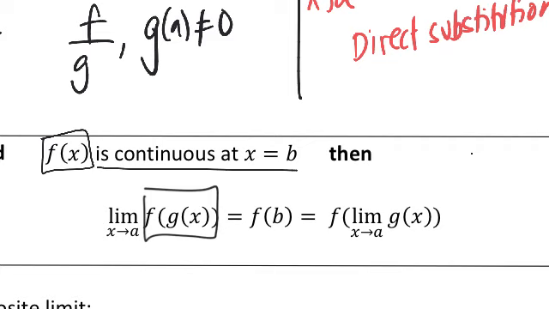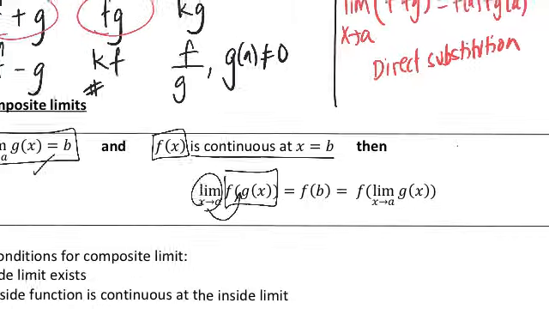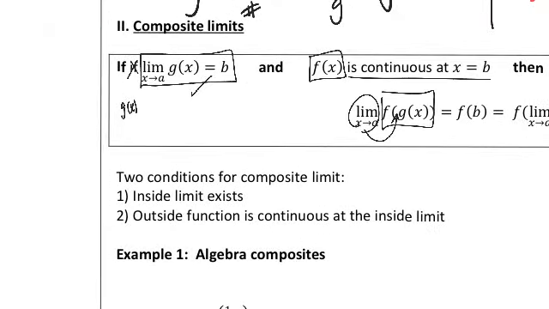What that means is that we can pull the limit into the composite. So we can evaluate this composite limit: instead of doing the limit of f of g as x approaches a, we can do f of the limit of g as x approaches a. But to do that, we need these two conditions: the inside limit has to exist, and the outside function has to be continuous at the inside limit.